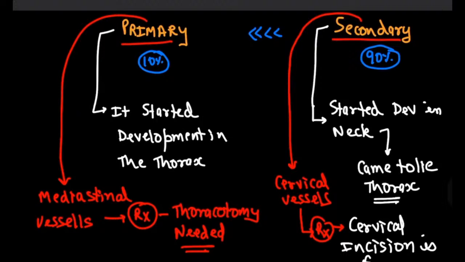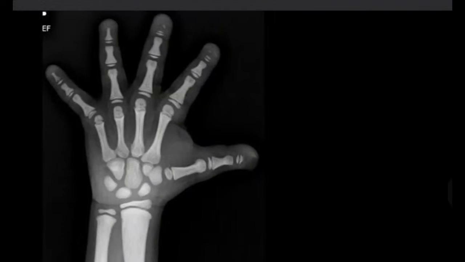Okay, I hope I have made my point, guys. In the secondary retrosternal goiter, the development started in the neck, so the blood supply it received was from the cervical vessels, and because of this, even a cervical incision is more than enough for this patient. Okay, I hope you got this.